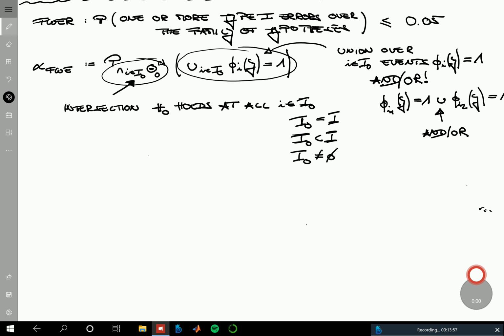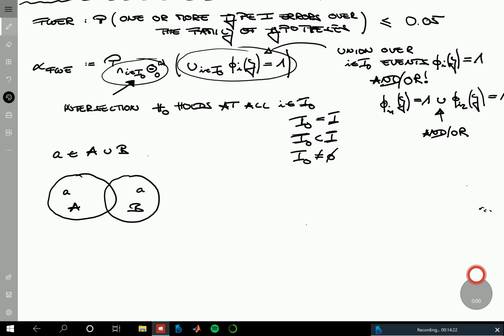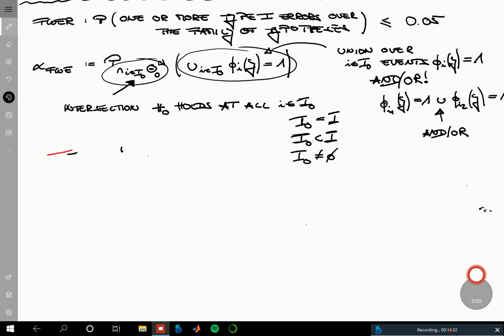Like if you write a is in A cup B, that means that if you do Venn diagrams, you like Venn diagrams, this can be that either a is in A, so if this is big A, this is big B, that a is in A, or that a is in B, or that a is in A and B. Yeah? So this is then how to read these union statements.